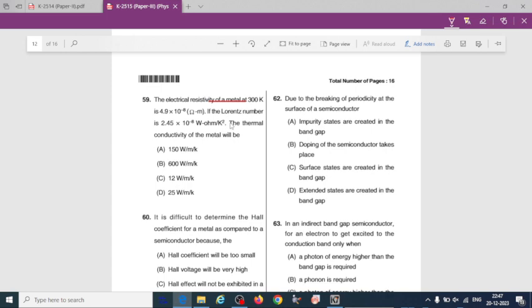As we know, resistivity and conductivity are inversely proportional. If rho has the smallest value, then conductivity must be high. So option A, 150 watt per meter per Kelvin.